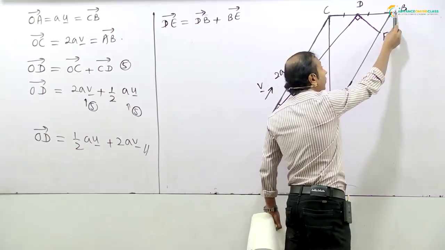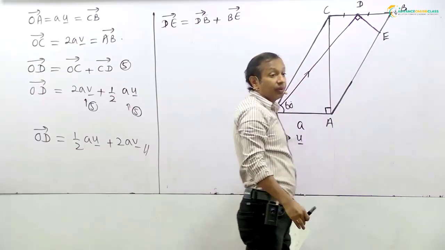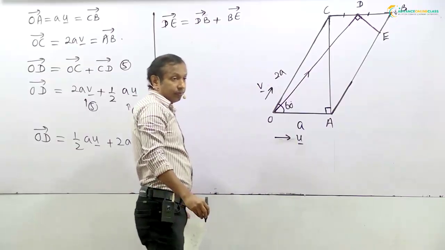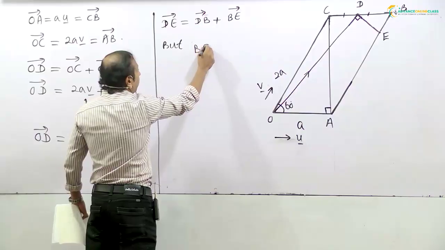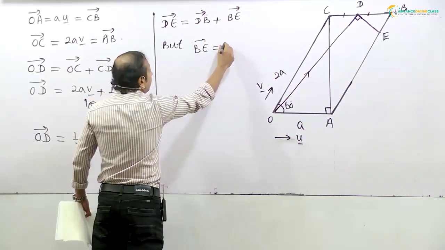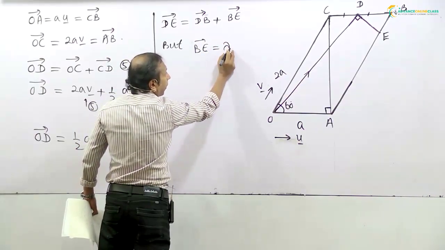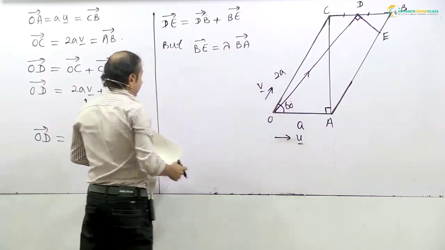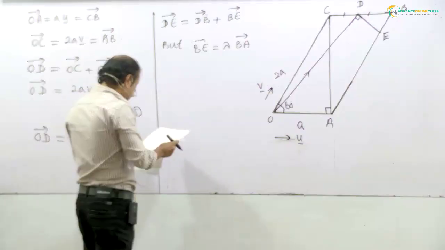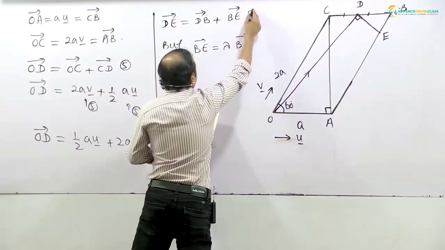Lambda times BA. We can write BE vector as lambda times BA. Then I can put that here. This is 5 marks.